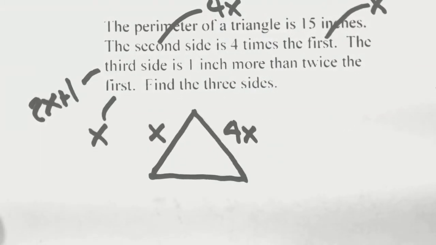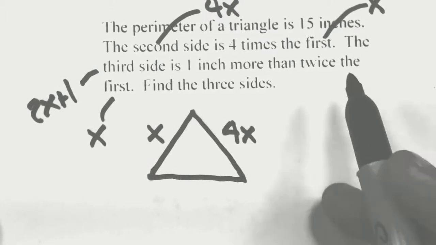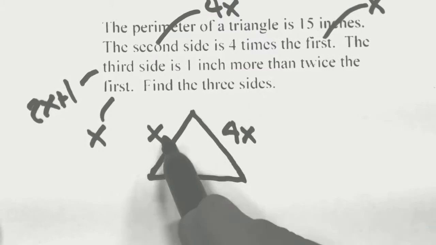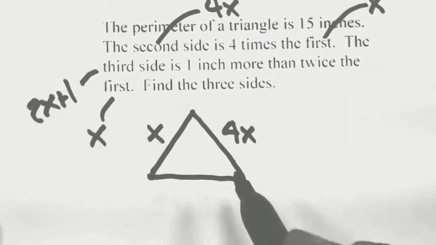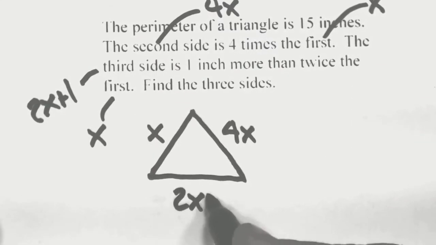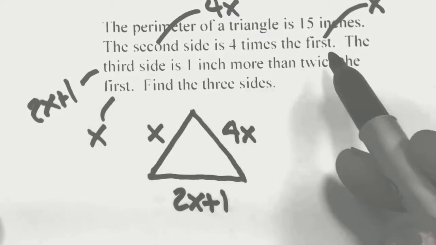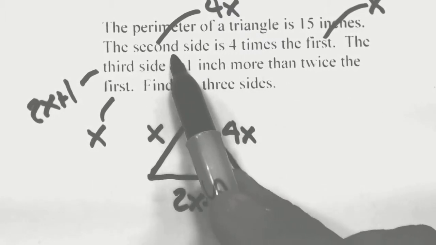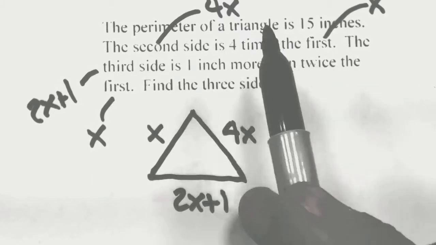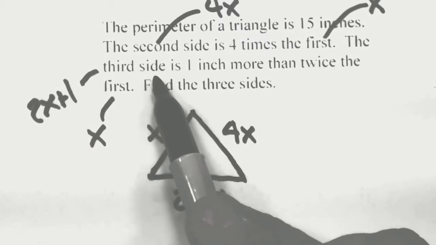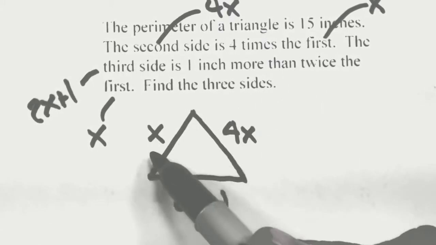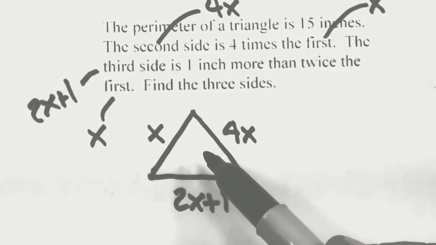So the third side is going to be twice the first side plus 1 more inch, and since the first side is x, we get 2x plus 1. What we've done basically is use the comparison twice. The first sentence told us about the second side and the first. The second sentence said it between the third side and the first. And we just build up our values in x based on that.